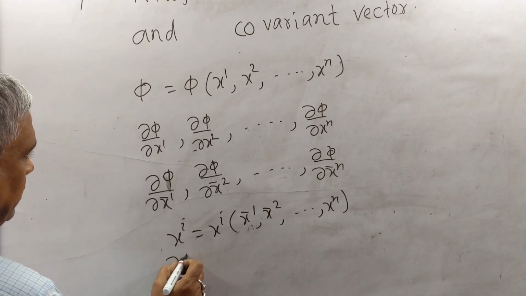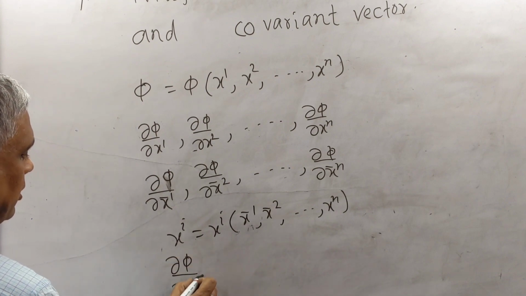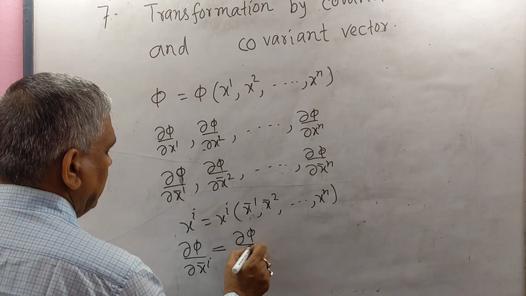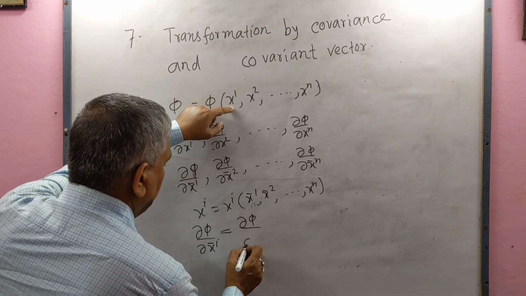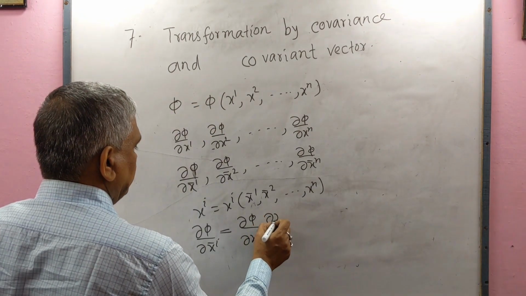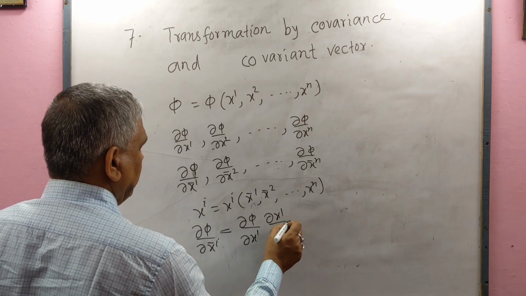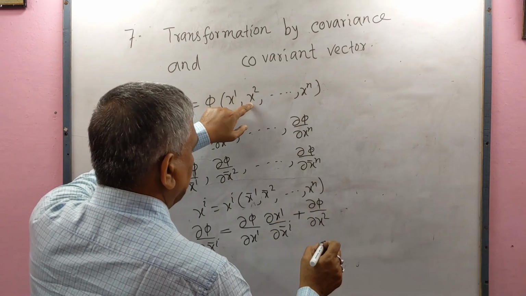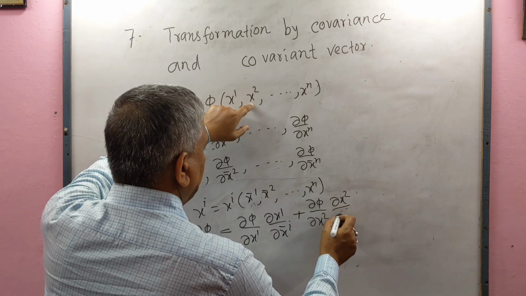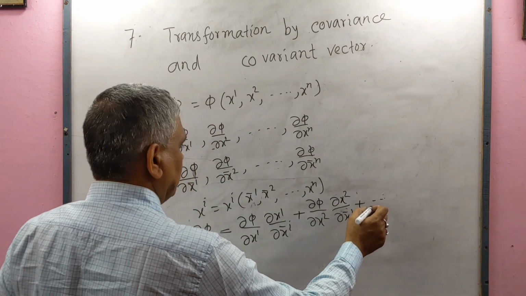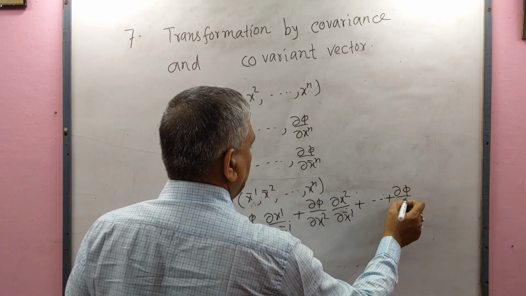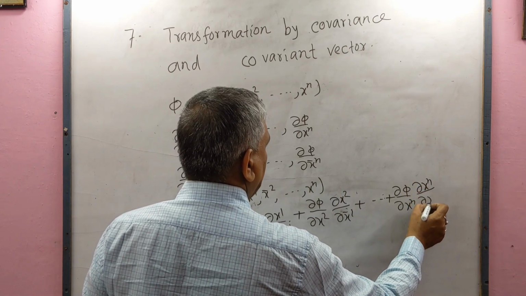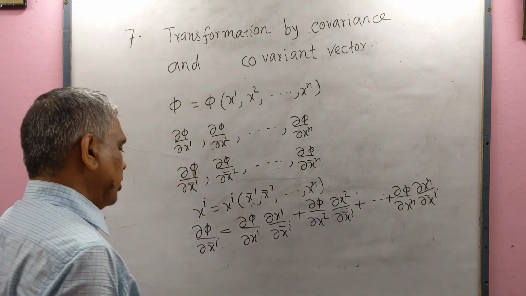We may find del phi by del x bar i equals del phi by del x1 times del x1 by del x bar i, plus del phi by del x2 times del x2 by del x bar i, plus ..., plus del phi by del xn times del xn by del x bar i.